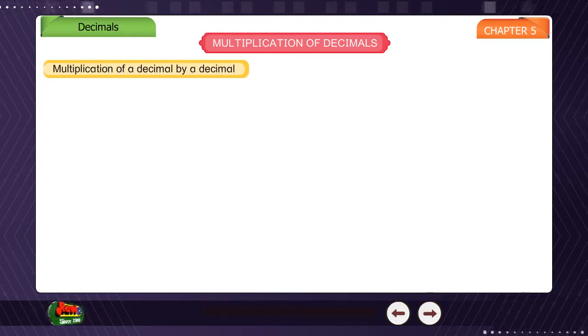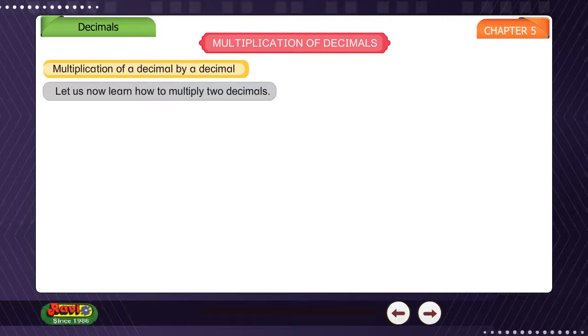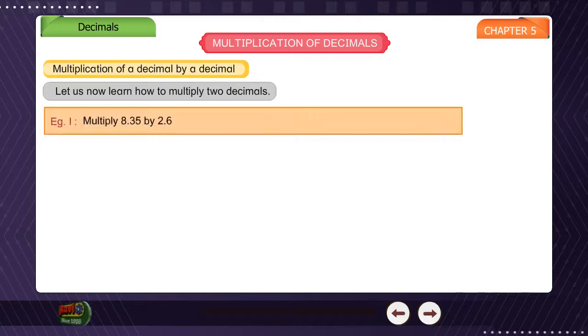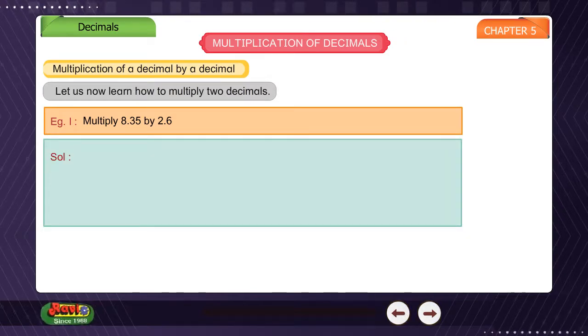Multiplication of a decimal by a decimal. Let us now learn how to multiply two decimals. Example 1. Multiply 8.35 by 2.6. Solution. 8.35 is equal to 835 by 100 and 2.6 is equal to 26 by 10.